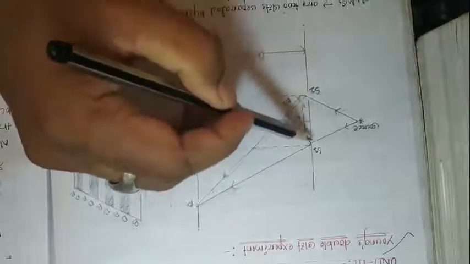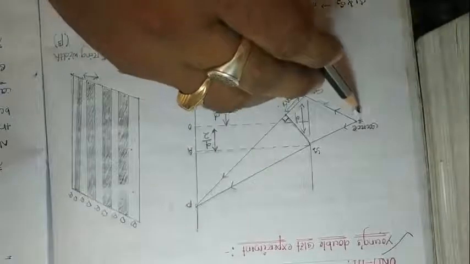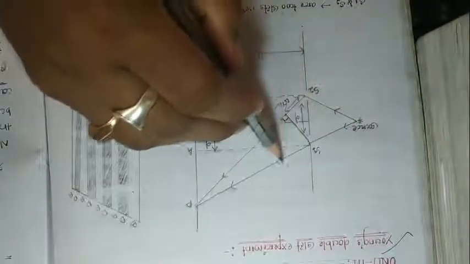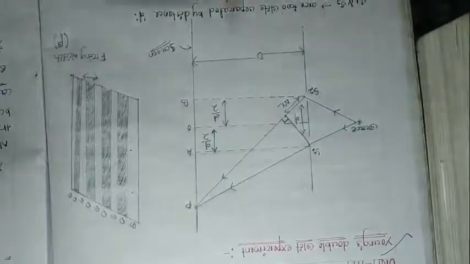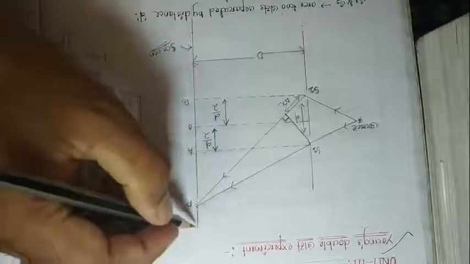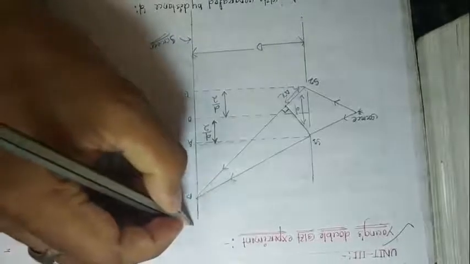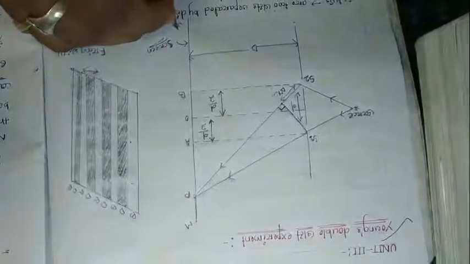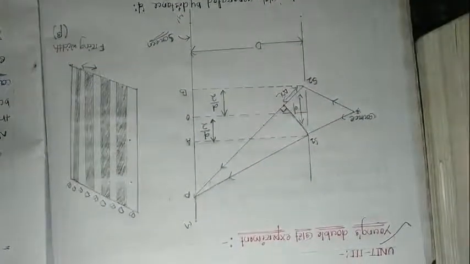The rays coming from the source will travel through this slit and this slit towards this screen. We can give the name M and M dash to our screen.